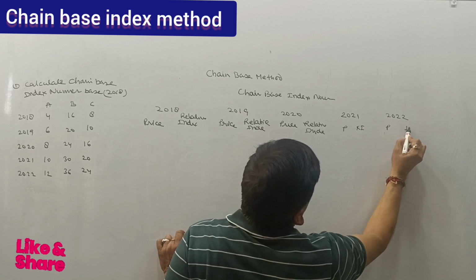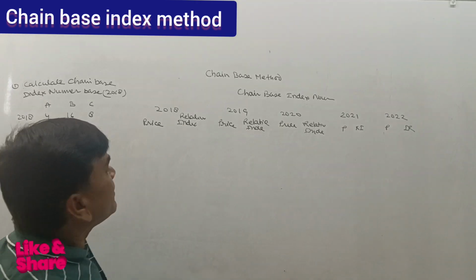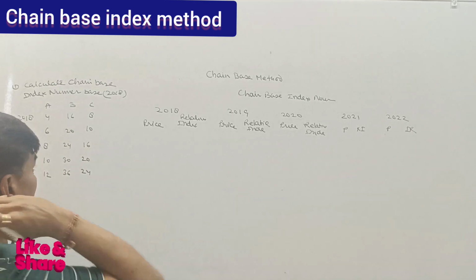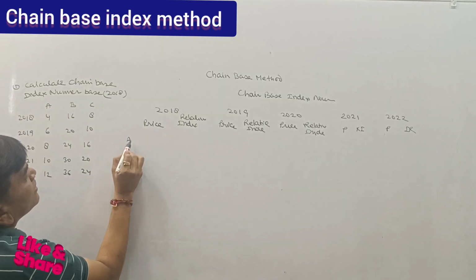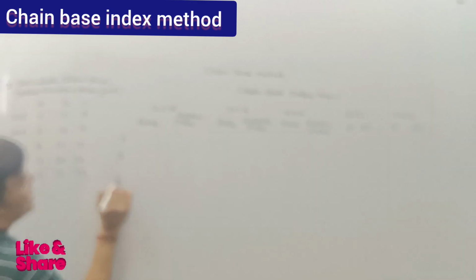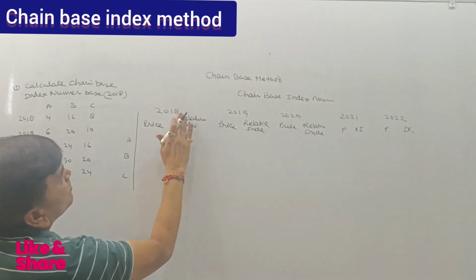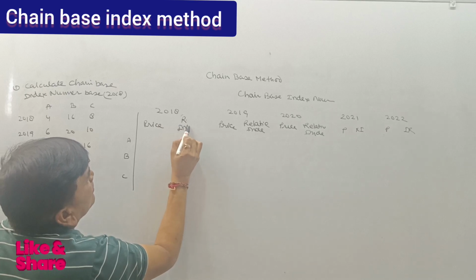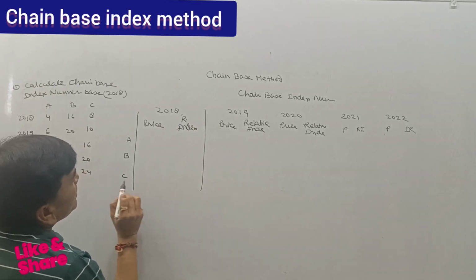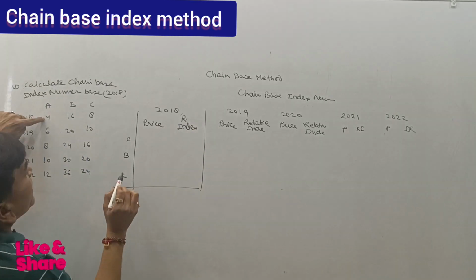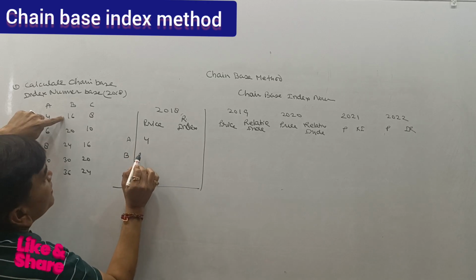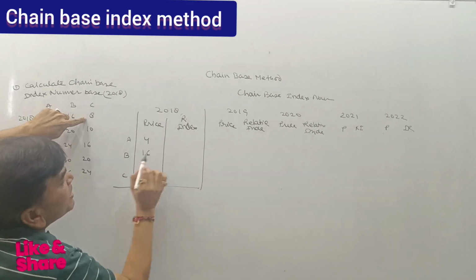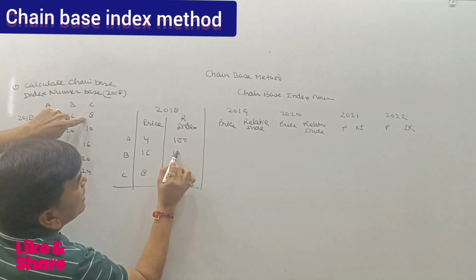First we have commodity A, commodity B and commodity C, with price and relative index. In the first year the prices are 4 rupees, 16 rupees and 8 rupees. For the base year, we will keep the index at 100.